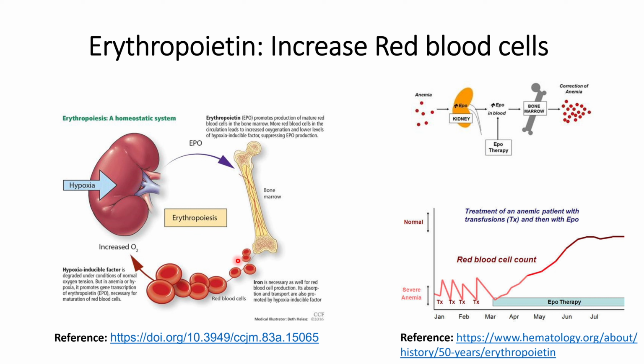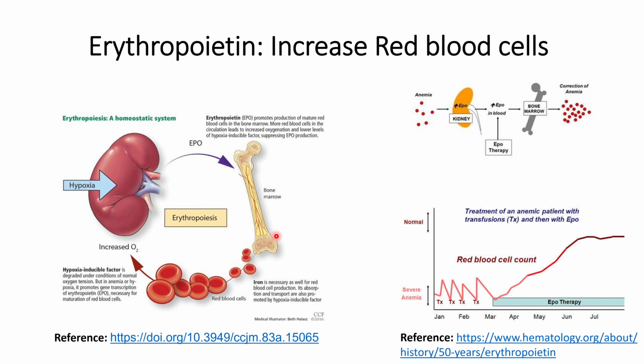And as the red blood cells increase, as we know from our previous videos, red blood cells have the ability to carry oxygen to different parts of the body with the help of hemoglobin, as one hemoglobin can carry four oxygen molecules. That also we have discussed in our previous videos.